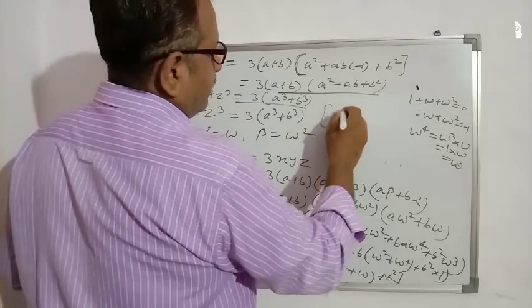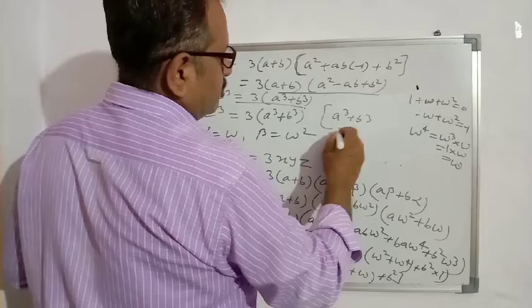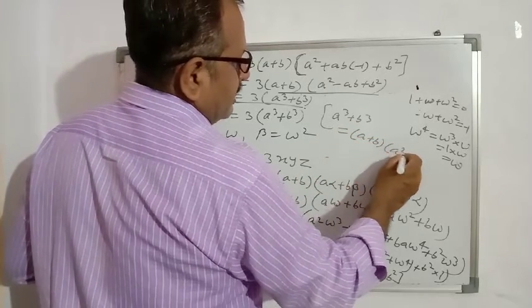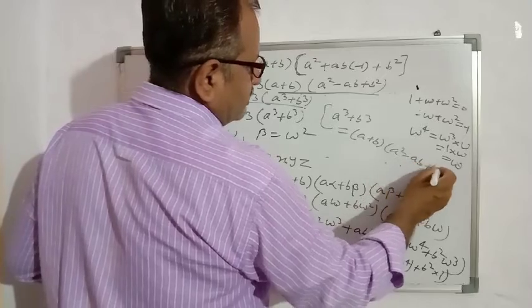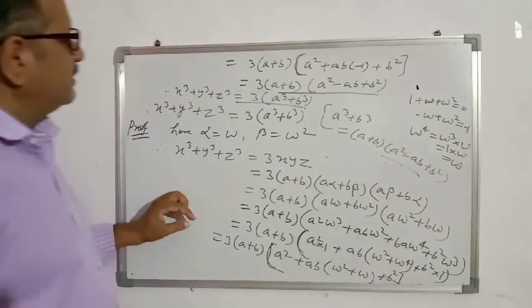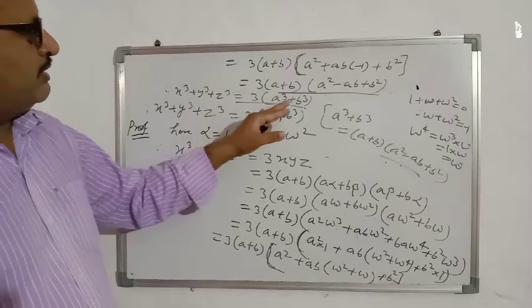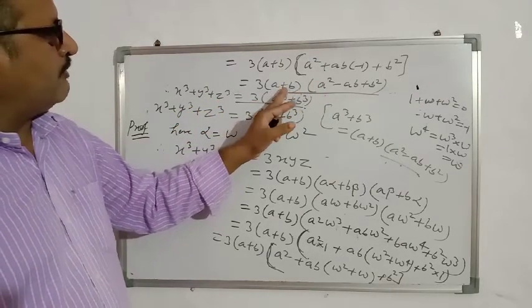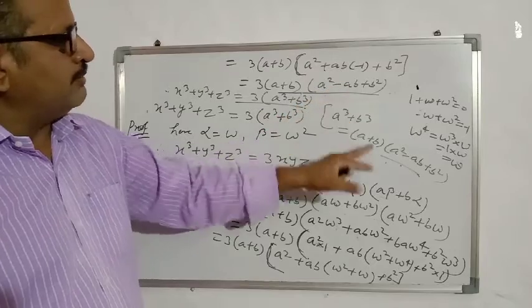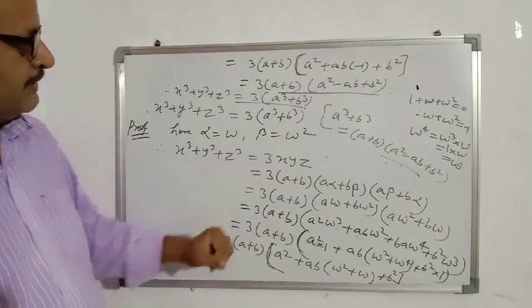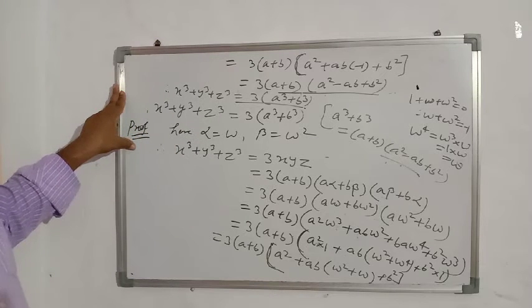Reason: a cube plus b cube is equal to a plus b in one bracket a square minus ab plus b square, from the algebraic identity. So it was question number 7.